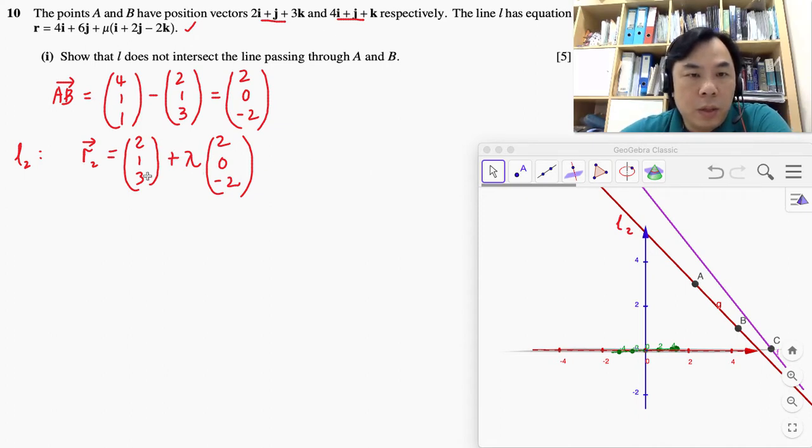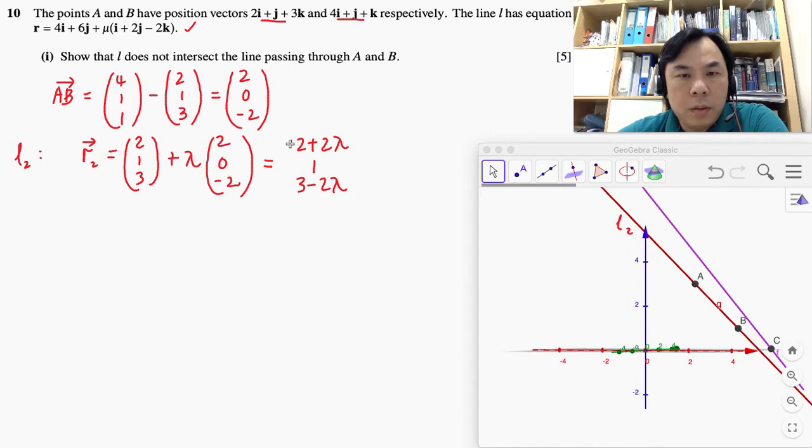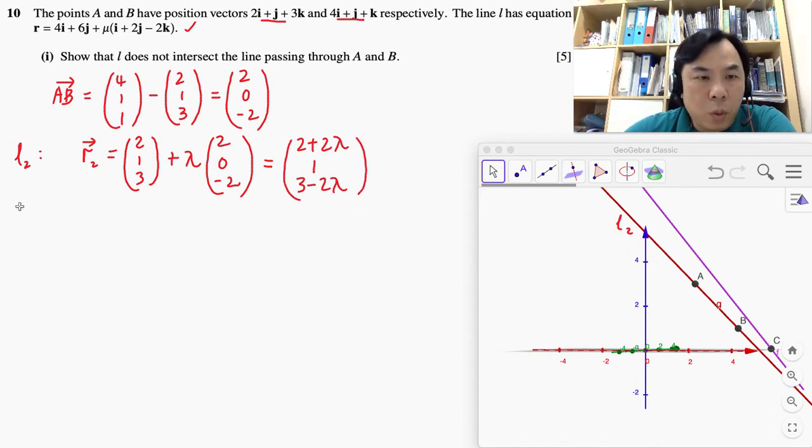You can also write this line equation in a more compact form. For instance, you can write it like this: 1, 3 minus 2 lambda. Now as for line 1, I just rewrite the notation differently.